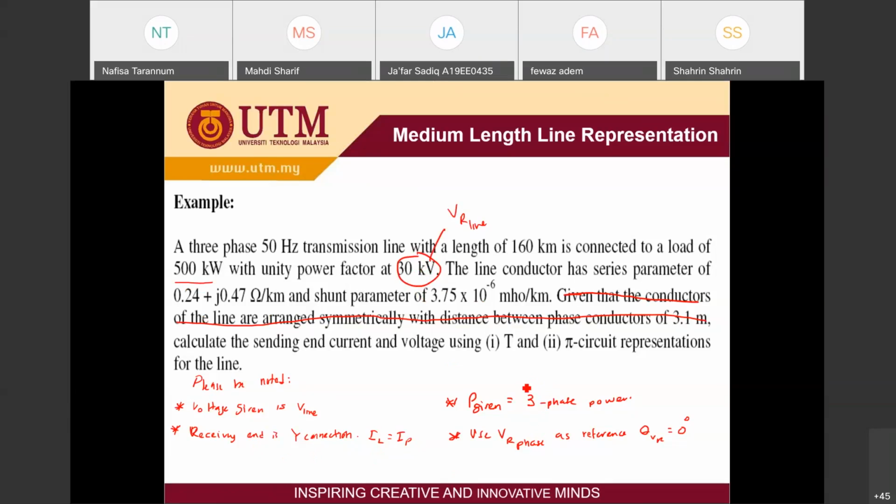The reference is VR phase, not VR line. VR phase is your reference, meaning that from here you need to convert into VR phase first. So 30 kilovolt over square root 3, then you put angle 0. So this is your VR phase.